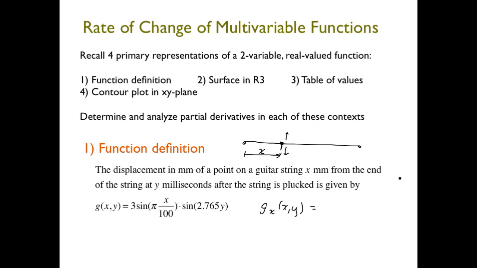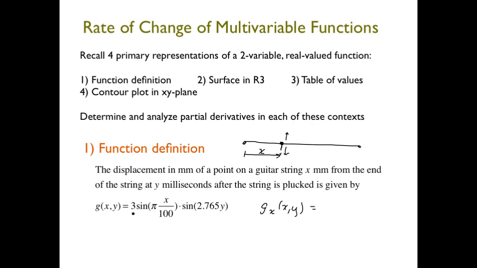So we're going to apply our derivative rules, but anytime there's a y, it's just the same as a number. Okay, we're just holding it constant. Anytime there's an x, that's what we're taking our derivative with respect to. Okay, so this involves y, so sine of 2.76y, how do we treat that? That's all constant, right? That's a constant, just like the 3 is a constant.